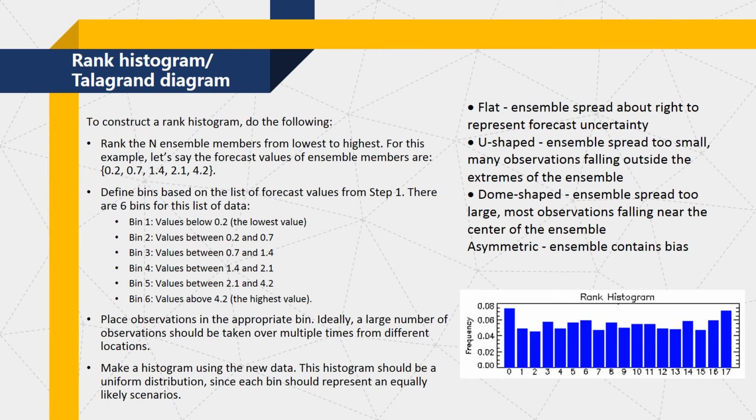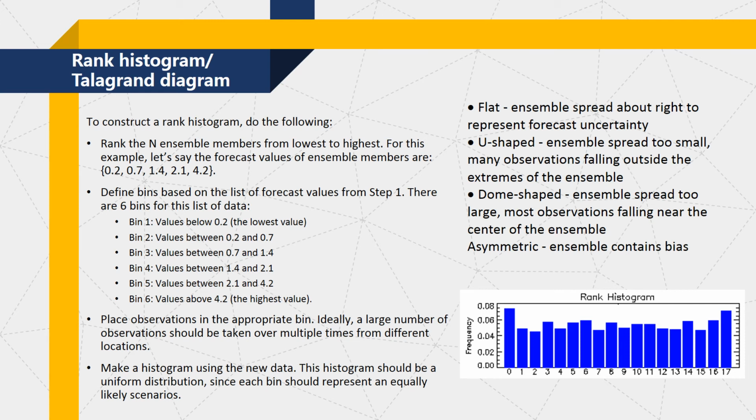The next method, commonly used in some research to assess the model performance, is the rank histogram, or often called the Talagrand diagram. This method is usually used to identify whether the ensemble spread of the forecast represents the true variability or uncertainty of the observation.